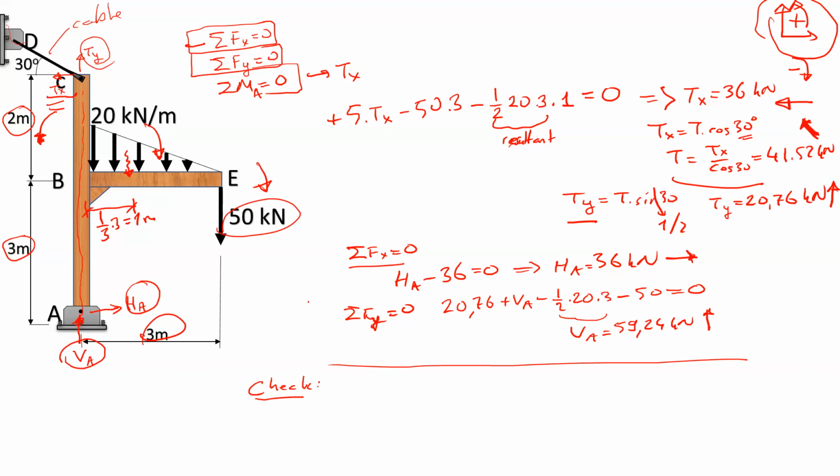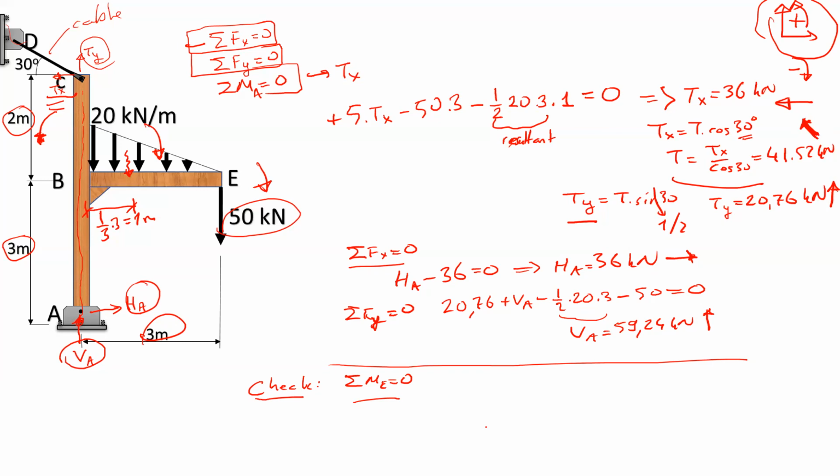So I am going to solve the moment equilibrium around point, let's say, E. It should be equal to 0 because it's not assumed to be rotating around point A. It's not rotating around point A, so this equation should be satisfied as well. So what are the forces here?